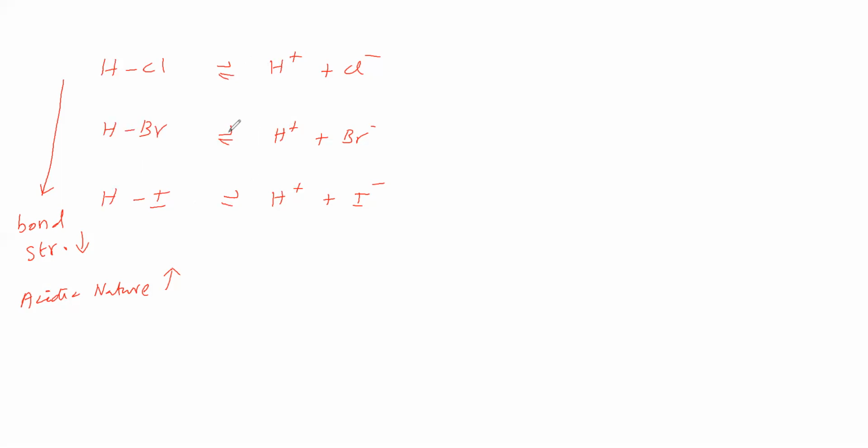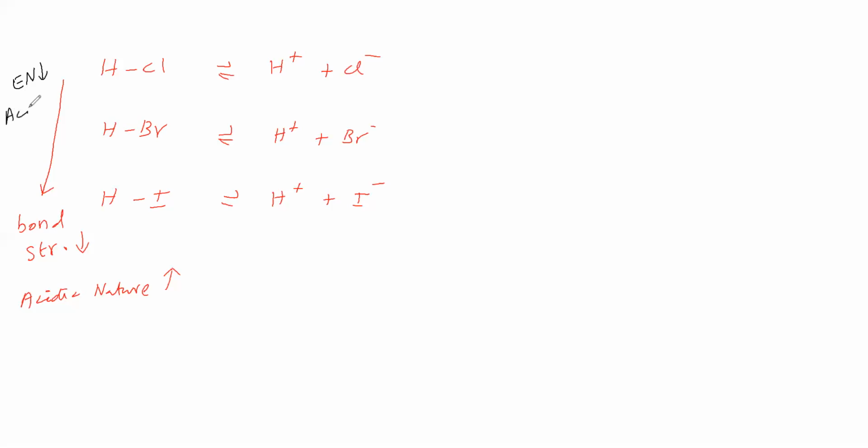Now, based on electronegativity, what happens down the group? Electronegativity decreases. Cl has higher electronegativity when compared to bromine, and bromine has higher electronegativity when compared to iodine.